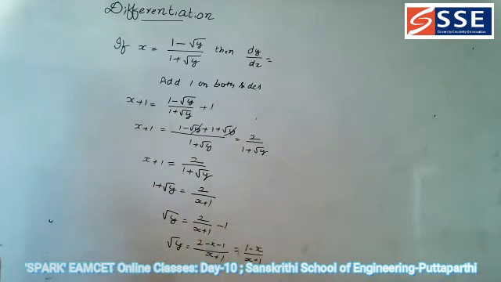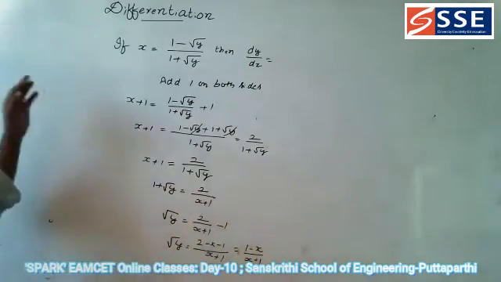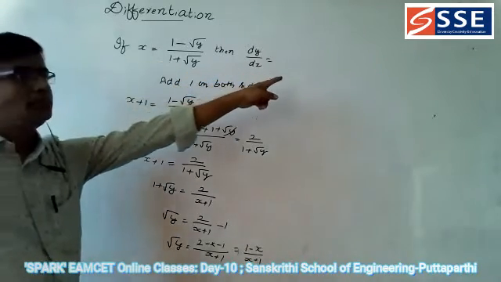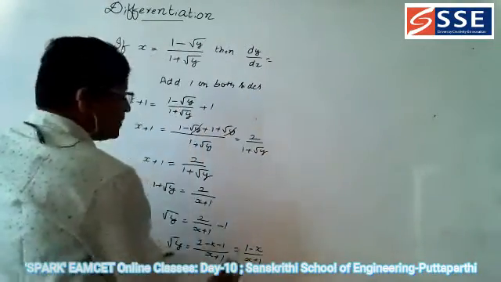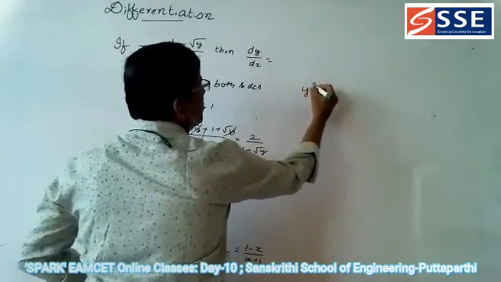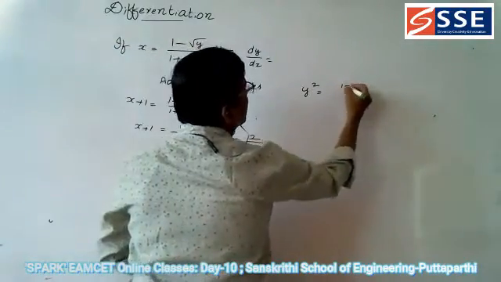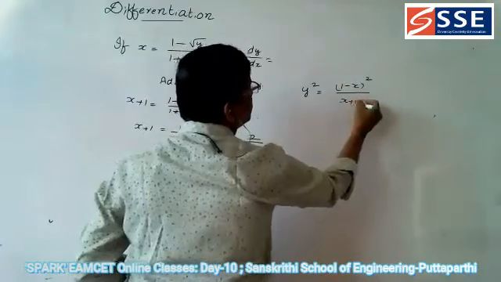This is root y. Now squaring on both sides, what it becomes? y square is equal to (1 minus x) whole square divided by (x plus 1) whole square.